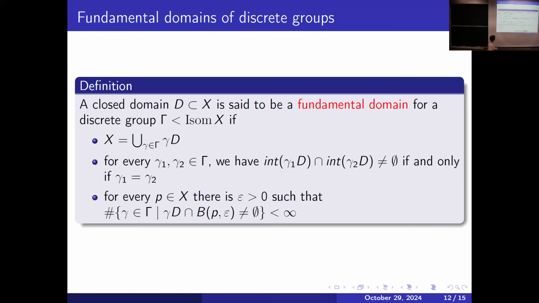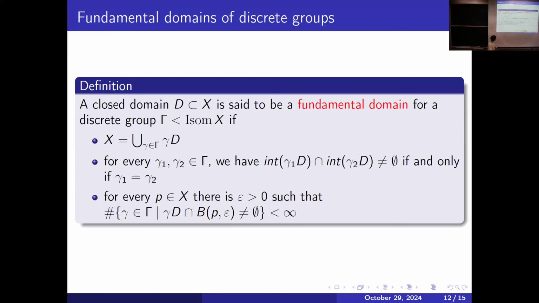Great. And the third condition is the condition of local finiteness. It is stated as follows. For every point P, there exists some neighborhood small enough such that the number of elements gamma such that gamma D intersects non-trivially with this open neighborhood is finite.